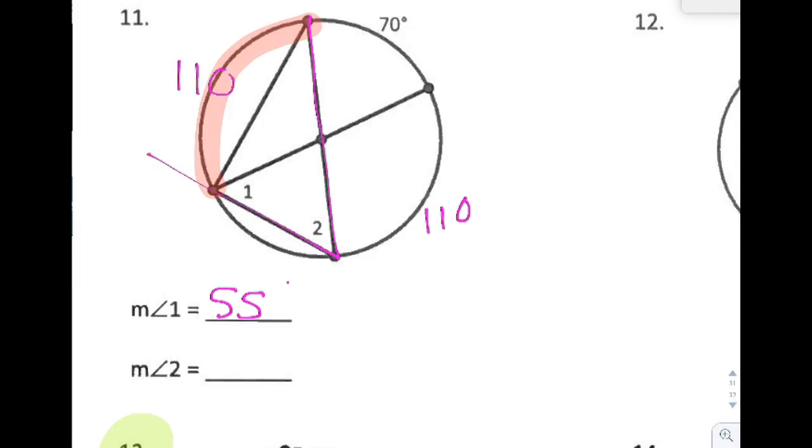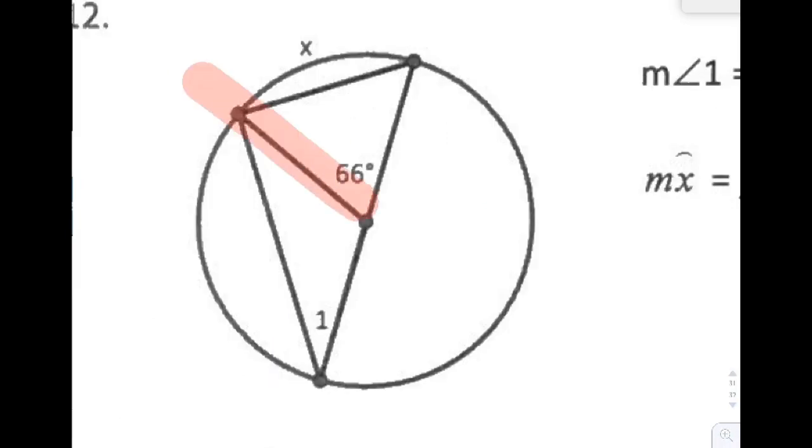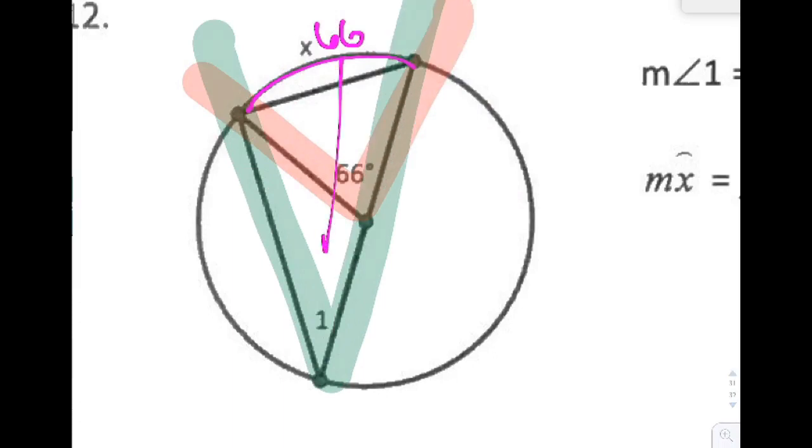This is 110 because it's the same vertical angle there, which means that this is also 55. We have a central angle here, so that arc is exactly the same, 66. We have an inscribed angle coming from that same arc, so that would be 33.